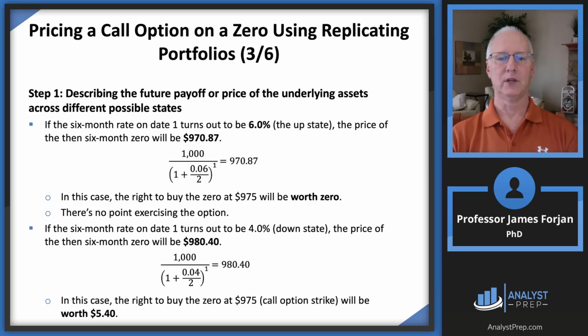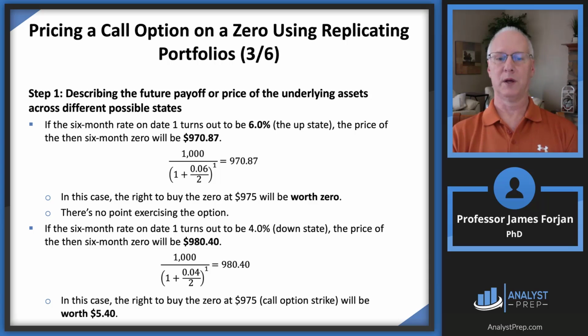In this case, the right to buy the zero at $975 will be worth $0, right? So why would you exercise the option to buy the zero coupon bond at $975 when you can just go out and buy it for around $971, right? So that's an out of the money option. There'll be no point in exercising the option on that date.